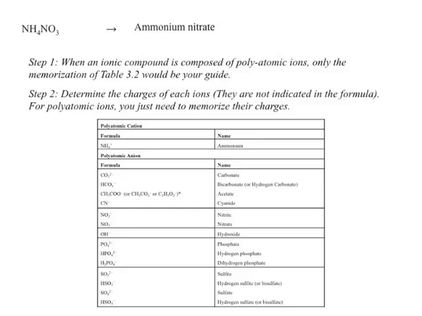So it is important to know the polyatomic ion formulas, because they will always appear in chemical formulas and you need to be able to recognize them. So in this case, the ionic compound NH4NO3 is made of ammonium ions and nitrate ions. Let's move to the next slide.